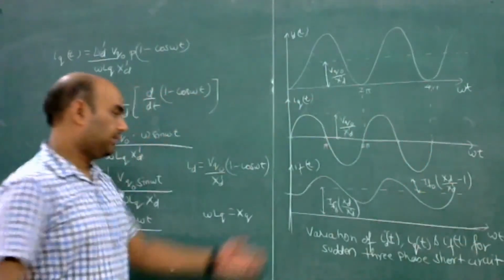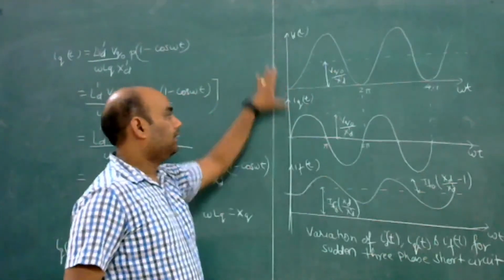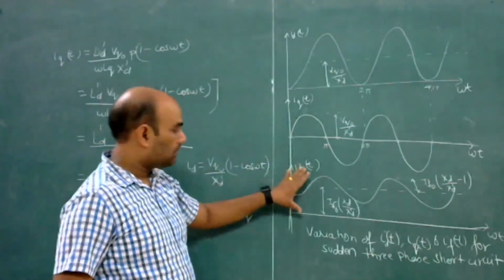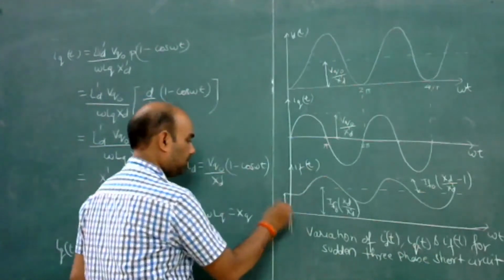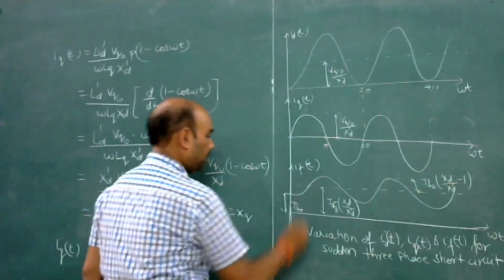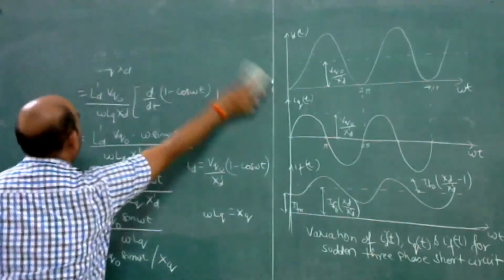Okay, so when a sudden three-phase short circuit occurs, this will be the variation of the ID and IQ, and this will be the IA. We will derive this later in this lecture. So this value is IA. Now we will convert this ID and IQ into three-phase current using Park's transformation.